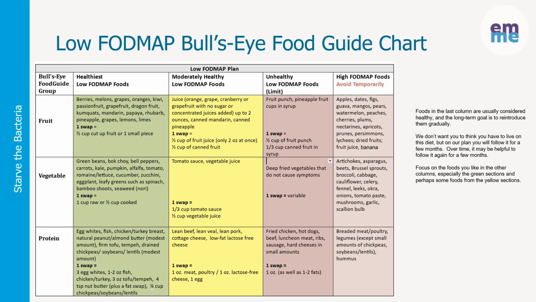Okay, next in the dark red area of the protein row, we have foods that you would generally think are not healthy: fried chicken, hot dogs, luncheon meats, ribs, higher fat cuts of beef, and regular cheeses. And then in that light red section, we have foods that really need to be avoided that are especially breaded.